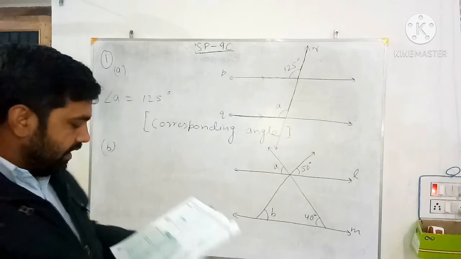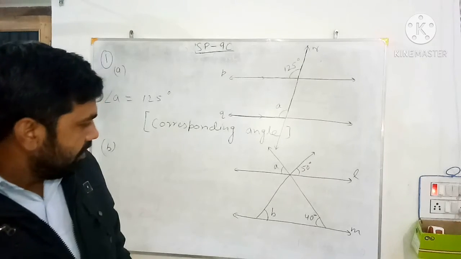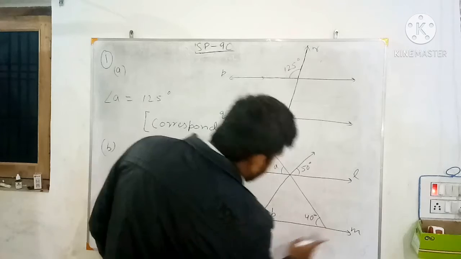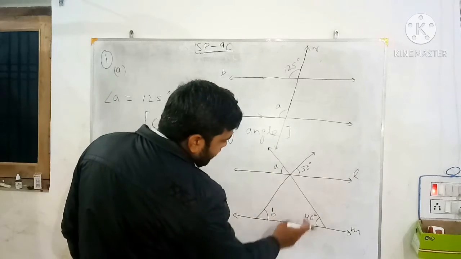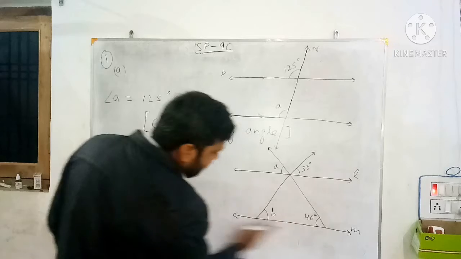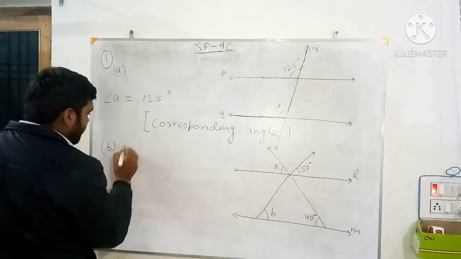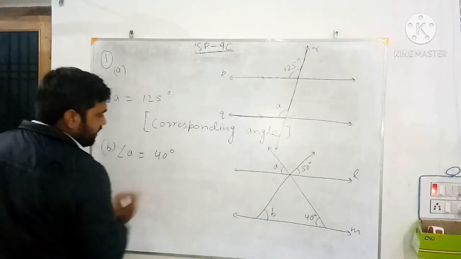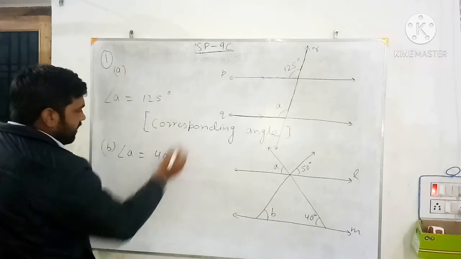Now in this way we find angles A and B. See, these two lines are parallel, N is parallel to M, and this is the transversal. So 40 is inside the parallel lines and A is outside the parallel lines. Now you can see this is the letter F. So what do you write? Angle A equals 40 degrees. Reason same, corresponding angle.